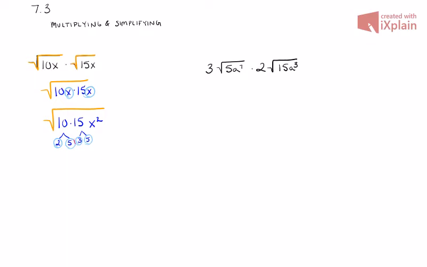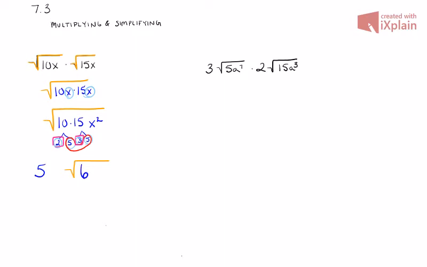I can note that I have a pairing of 5 here, so I can kick that 5 outside of the root. But the 2 and the 3 don't have a partner, so I'm just going to multiply them and put them back in, which puts a 6 underneath that root.